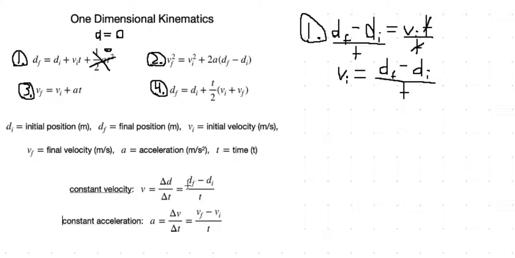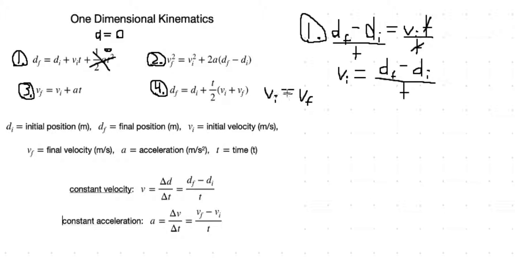And now we know that if we have constant velocity, the velocity is not changing. So what that means is the initial velocity and then the final velocity have to be equal to each other. So we have vi is equal to vf. So we could just call this one variable then.